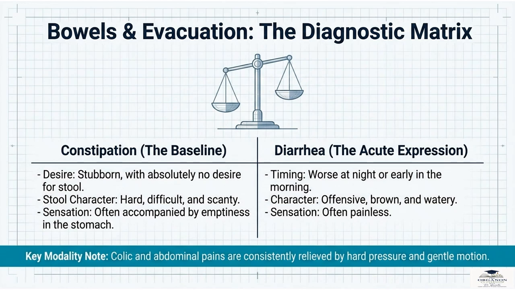In such cases it becomes important again to see the timeline of the personal history and the family history. That will help us point towards the psoric miasm. So what type of constipation will it be? Stubborn with absolutely no desire for stool, hard, difficult and scanty stool.